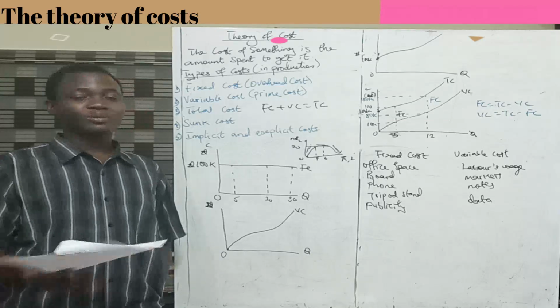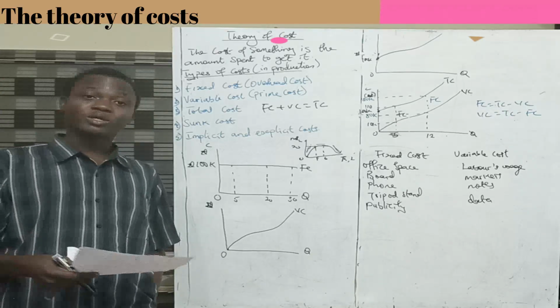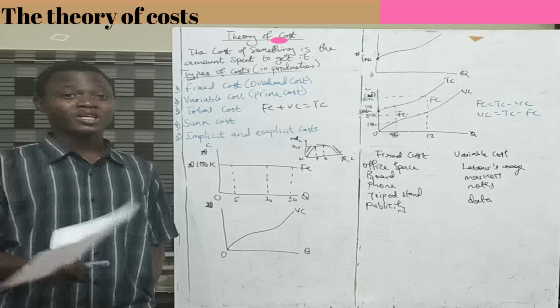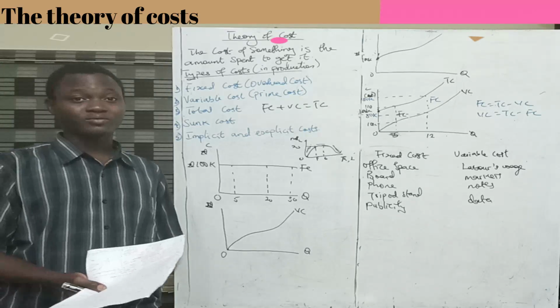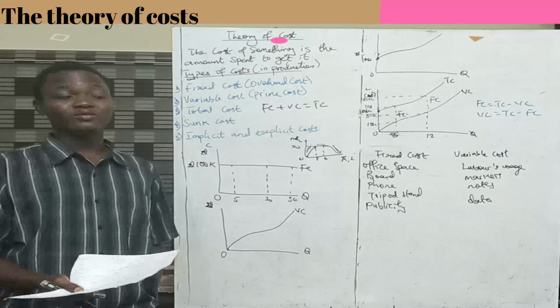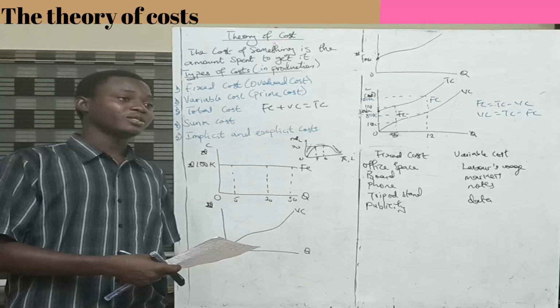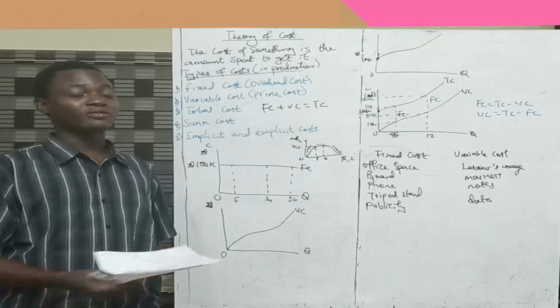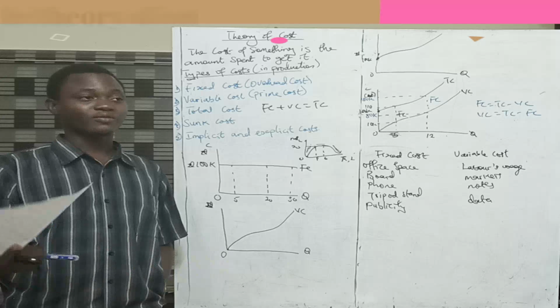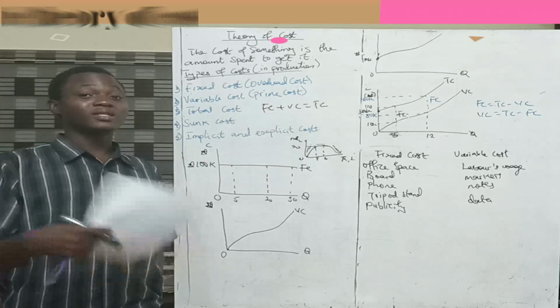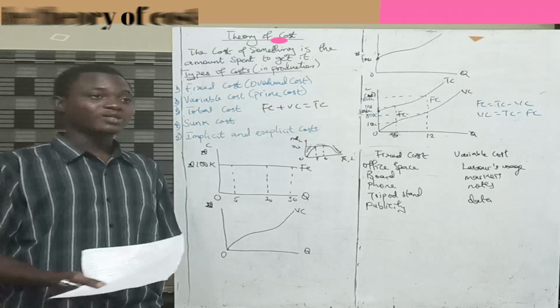So the amount spent on advertisements is a fixed cost because it does not depend on your level of output eventually. It does not depend whether you choose to increase your output by 200 or by 500 units. What you spend on advertisement is the same. You already spent it. So it's a fixed cost.